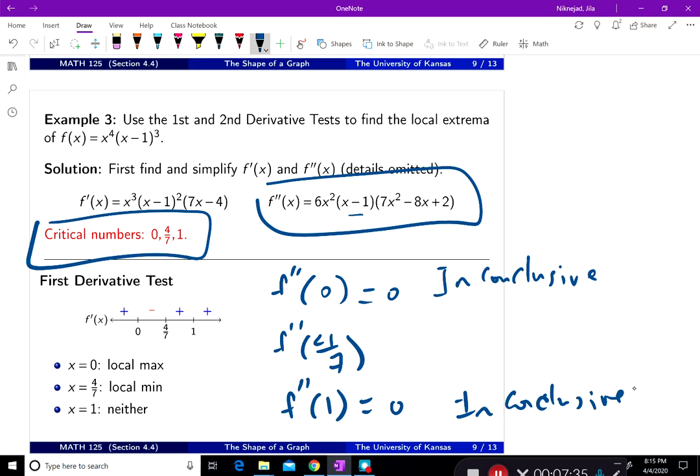I know that the first one, at x equal to 0, there is a local max. So the second derivative test did not detect this. That's the shortcoming of the second derivative test.